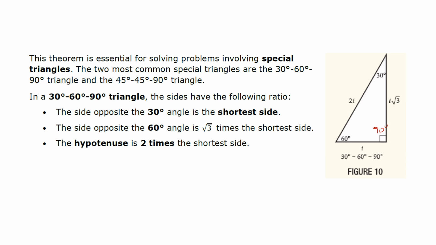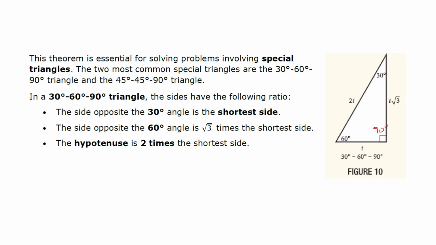Now the side opposite the 60-degree angle is the square root of 3 times the shortest side. So that's why we have t square root 3 as the expression for the length of that side. And then the hypotenuse is 2 times the shortest side. Okay, so that would be 2t as the hypotenuse.